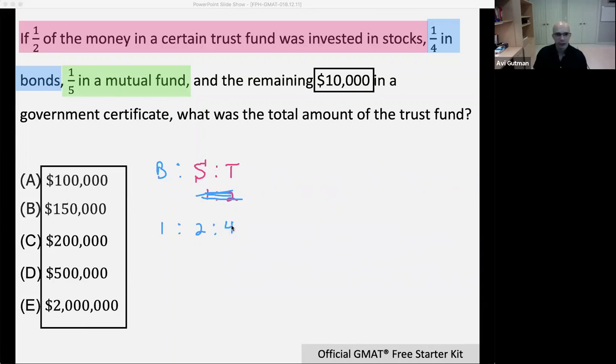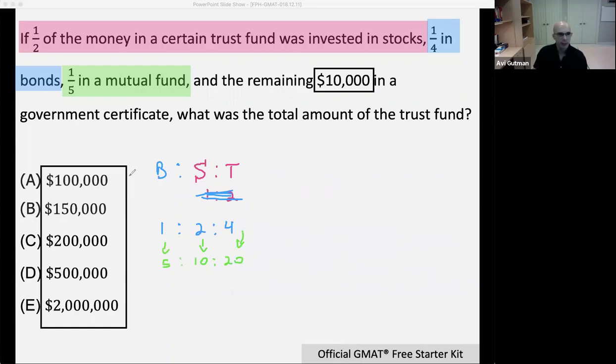I do want to still keep it a multiple of 4, because I'd like to keep all of these nice integers, but I want it to be a multiple of 4 from which I can take 1/5 very easily. And so 20 is indeed the number that I'm going to use. And if the 4 turns into 20, then the 2 is going to have to turn into 10. And the 1 is going to have to turn into 5.